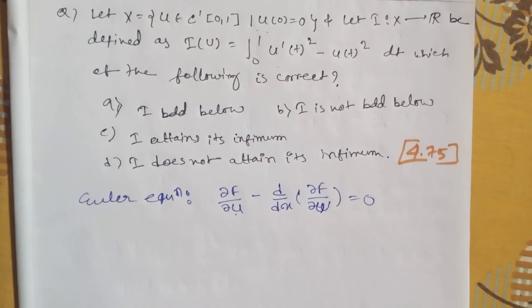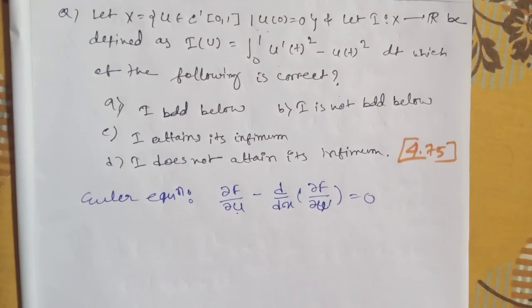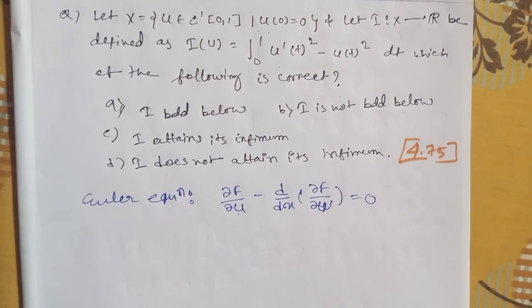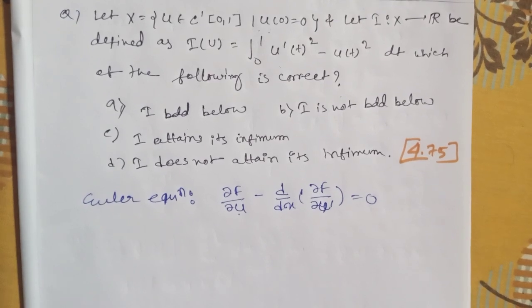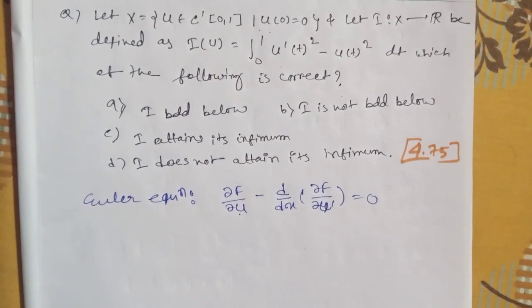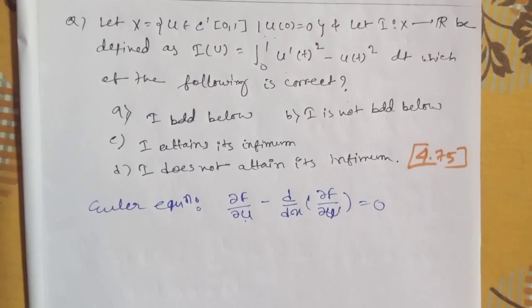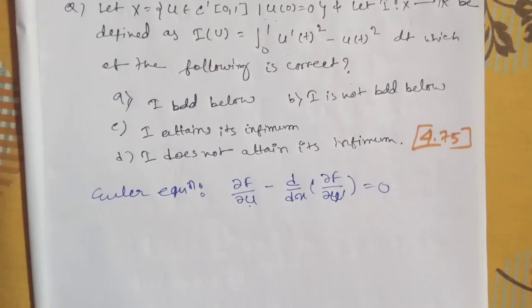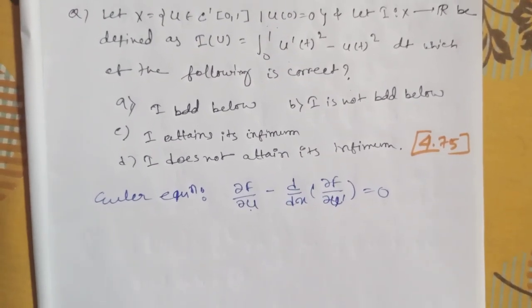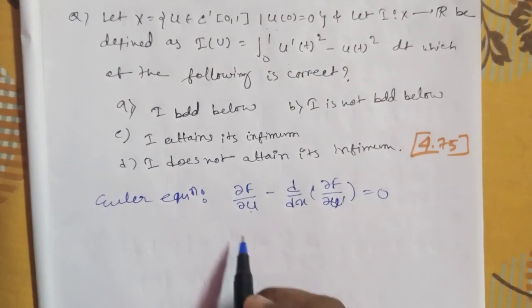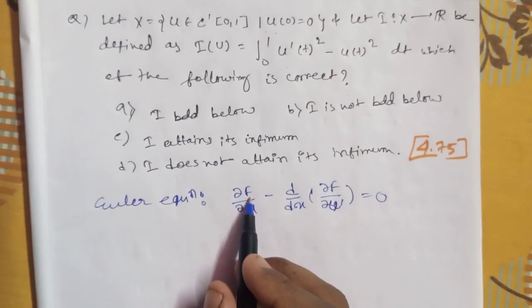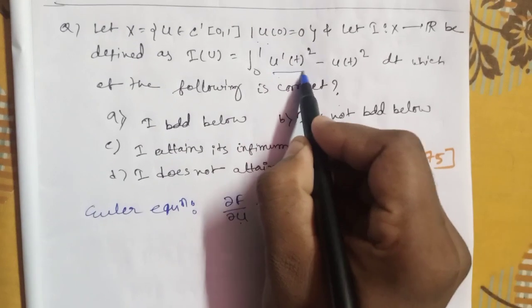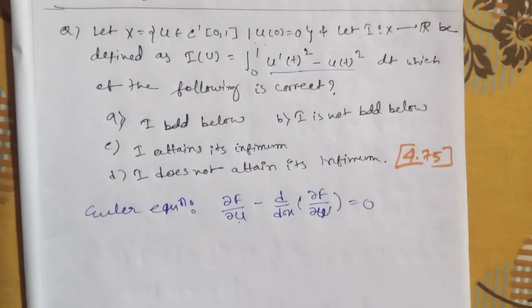If you face any problem, you can keep y, and in the final answer replace y by u, right? Now, what is the functional value? That is, what is f? F is given as u'(t)² minus u(t)².